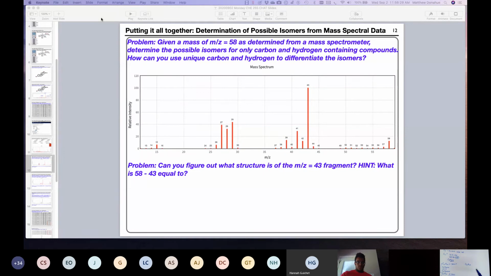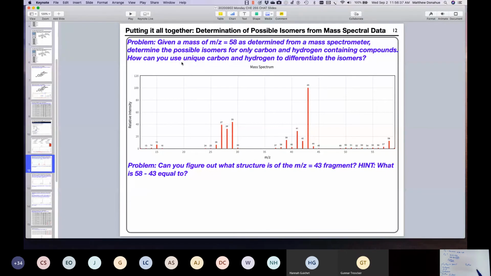So now think about, of the ones you've drawn, how many unique carbons does each have? How many unique hydrogens, and what are the ratio of the hydrogens? How do you differentiate those 2 isomers?